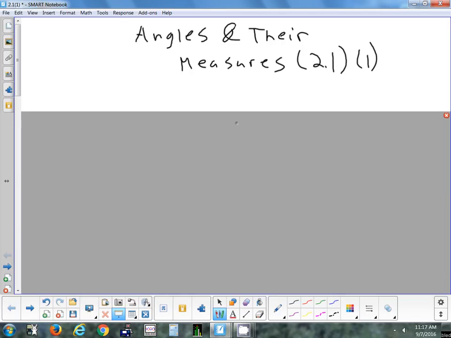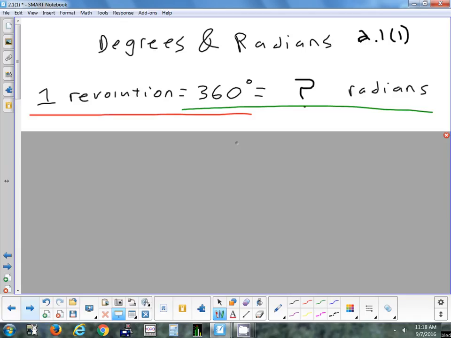So before we get into really talking a lot about angles, I just want you to keep this in mind for the whole lesson. How many radians equals how many degrees?